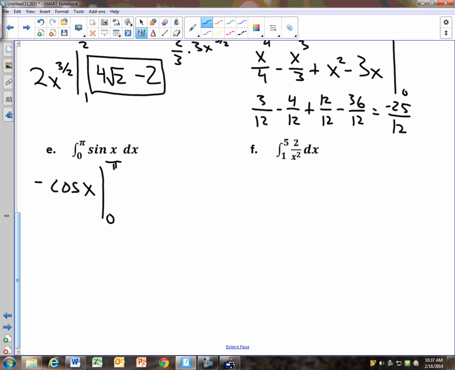You came up with 2.01 when we did 100 rectangles. Okay, so let's do this. Let's plug in pi. What's the cosine of pi? Negative 1. Who was your trig teacher last year? Honestly. Yes, we're in radians. Minus, what is the cosine of 0? 1. So, minus the negative 1. Minus the negative 1 plus 1 is 2.